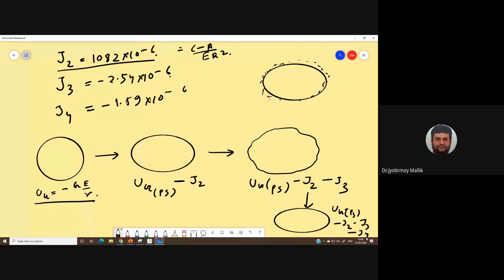So what do I mean by that? That at each of these steps, the increment is going to be smaller and smaller.